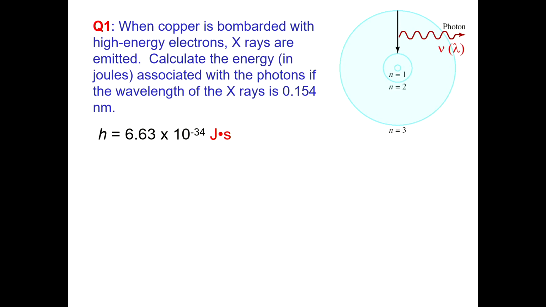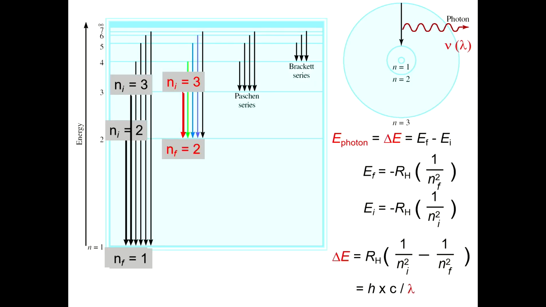We know this constant. So for light, how do we calculate its energy? Just using this equation, right?